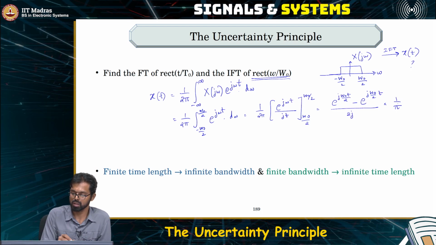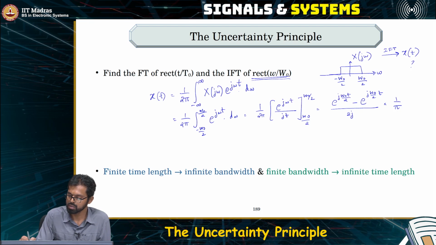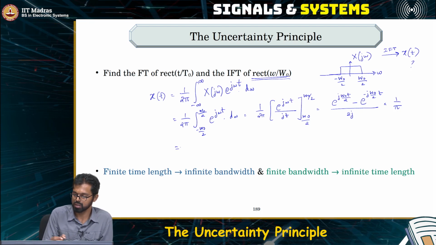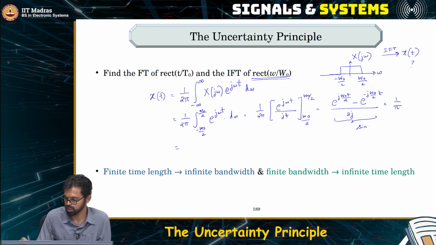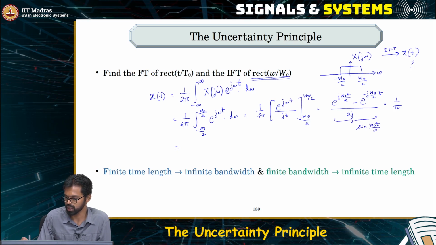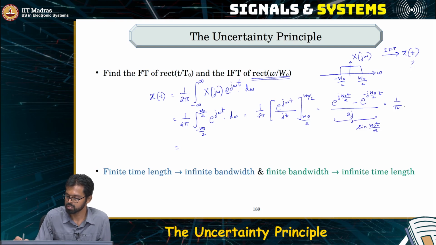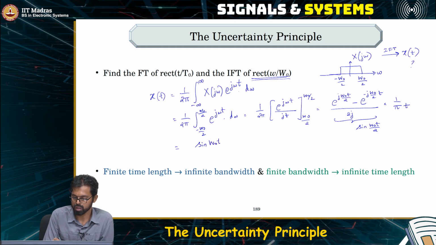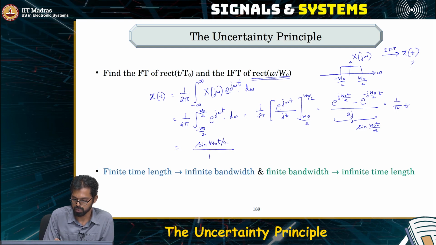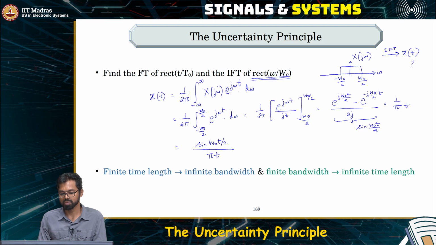Alright, and this is clearly equal to sine omega naught t by 2. So we have sine omega naught t by 2 divided by pi t.